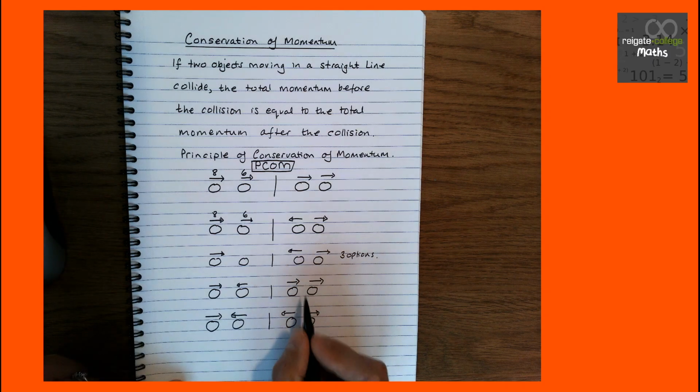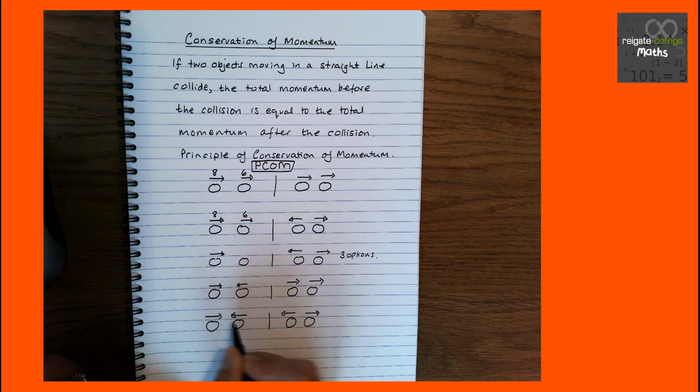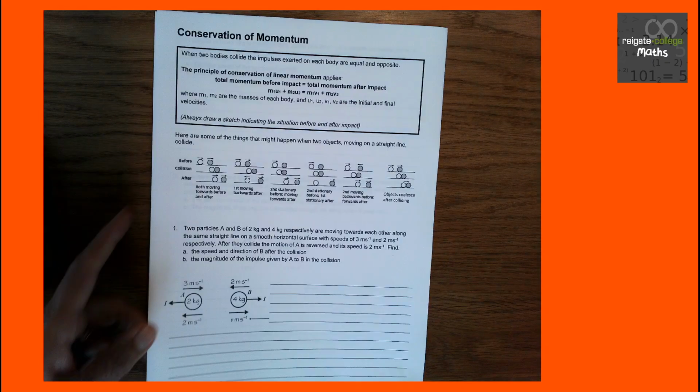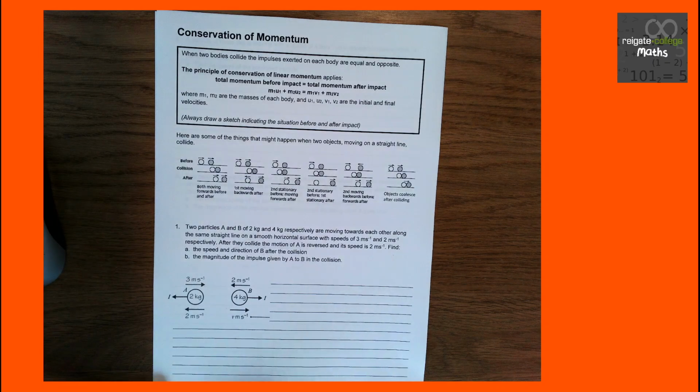It's possible that they could both travel in the negative direction after a collision as well. So you've got various different options. You need to consider what's going to happen there. Let's now look at some questions.